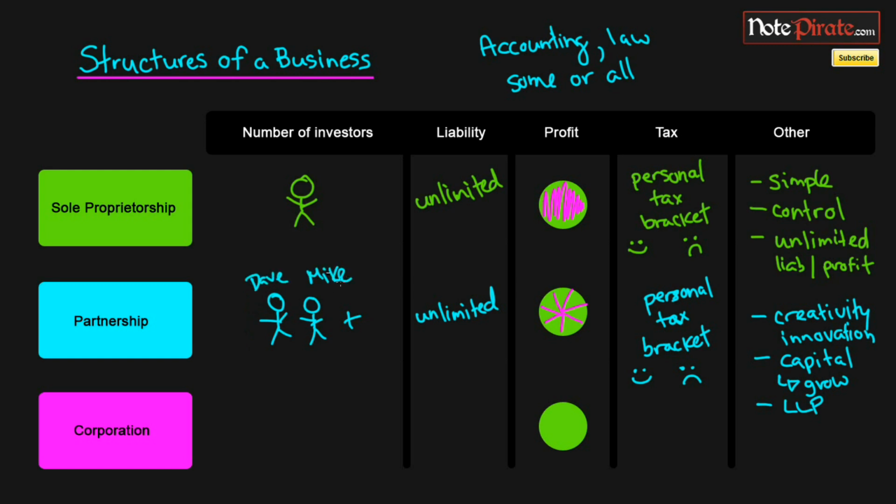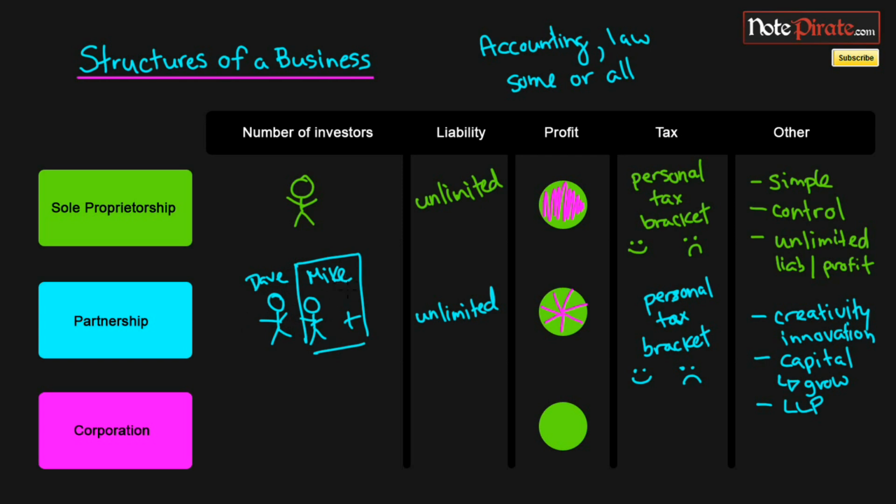So let's say this guy, let's give them names, Dave and Mike. Let's say Dave is negligent. Mike is not responsible, or his personal assets are not going to be taken in case someone sues the partnership. So only Dave is going to be liable personally, as well as his business assets.